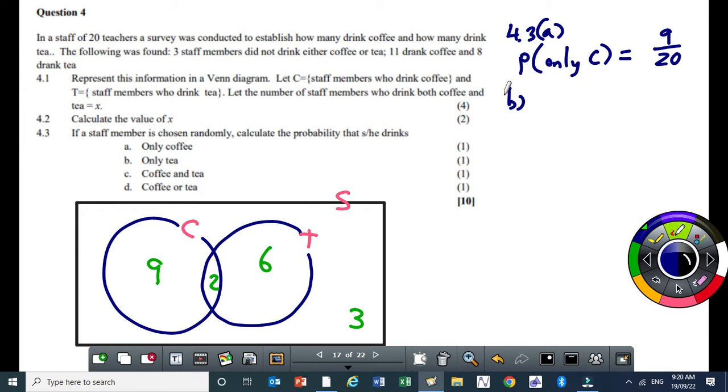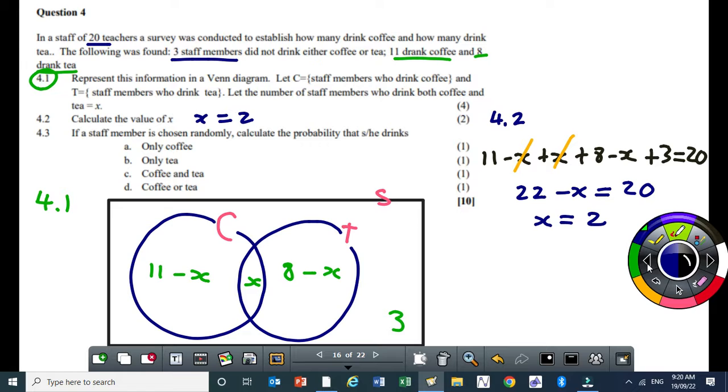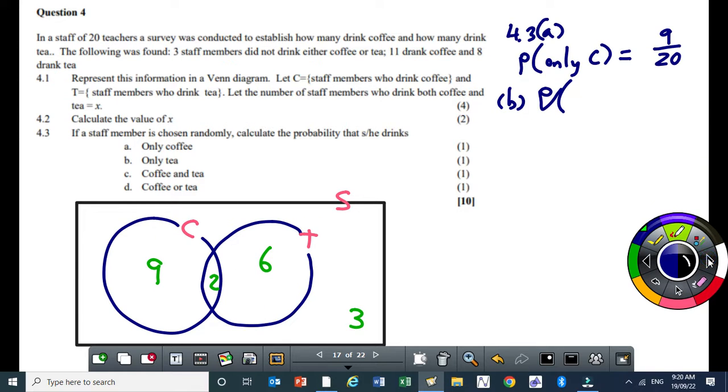Then B, we have P only T, so this will be P only T. So that will be 6 over 20.